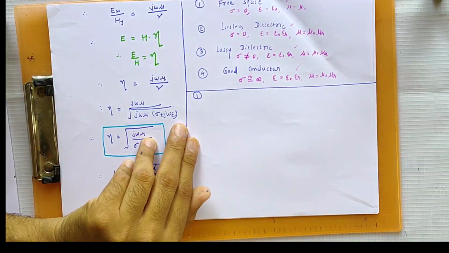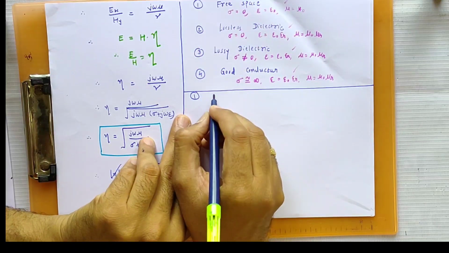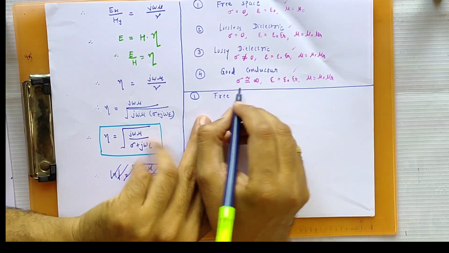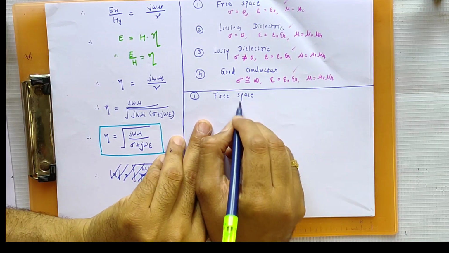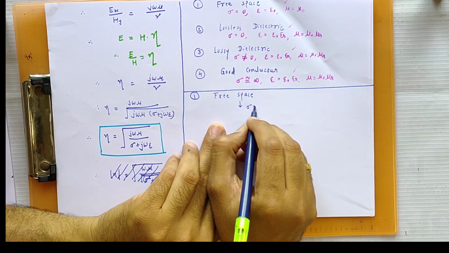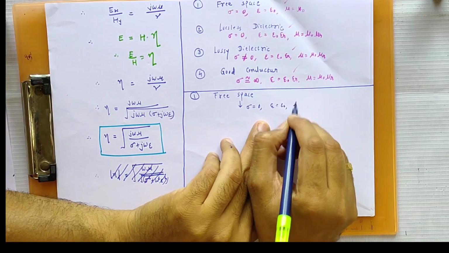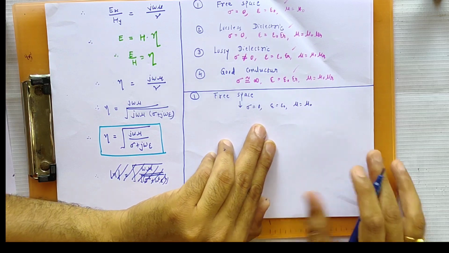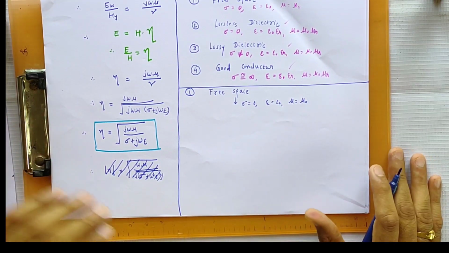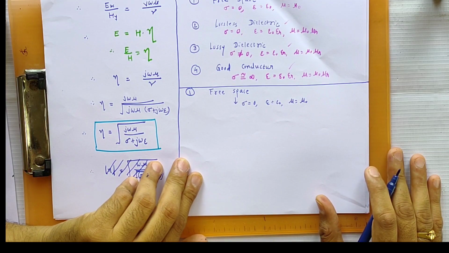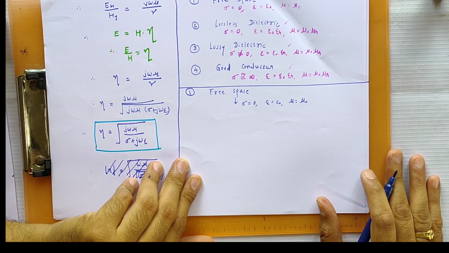First we know these are the properties of free space. So we have to write first of all the properties of free space: conductivity is 0, epsilon is equal to epsilon 0, mu is equal to mu 0. Now we have to write our equations for electric field and magnetic field, which are functions of space and time.